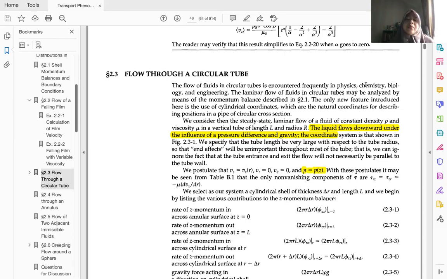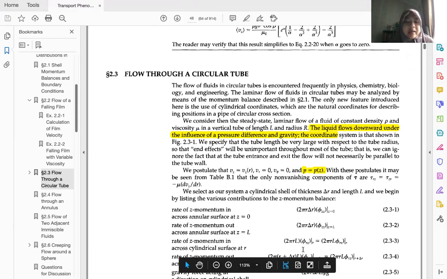So in this case, we're going to talk about steady state laminar flow of a fluid with constant density and viscosity. Okay, so let me open the PPT.